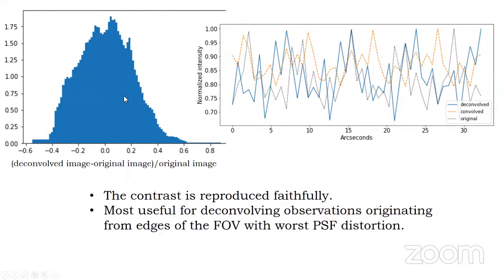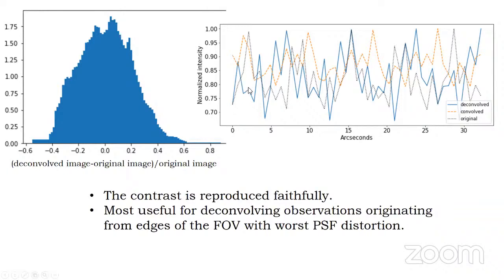So this is essentially a percentage deviation. As you can see, most of the pixels fall between plus minus 20% deviation, which is not good enough at all. So anything related to photometry will probably have to do much more work. It's still not going to be science worthy if you deconvolve the observations using the algorithm.